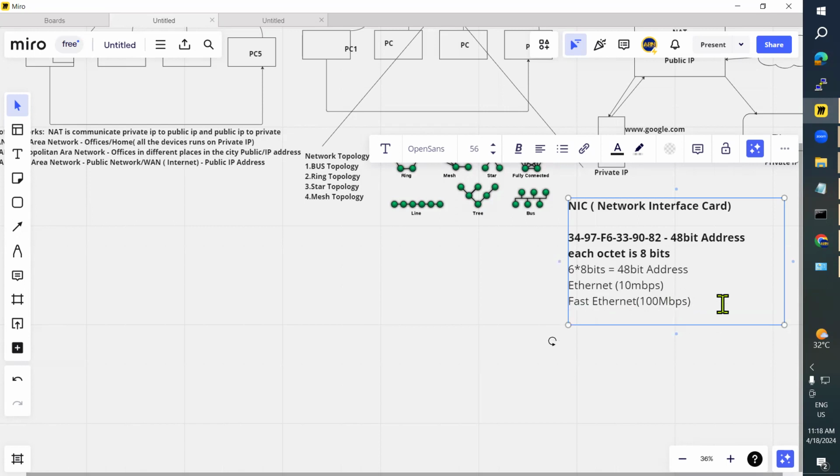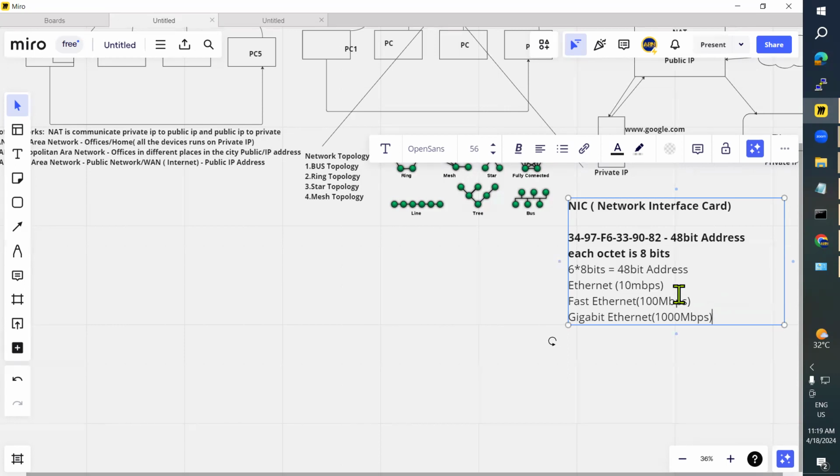Okay, and gigabit Ethernet is 1000 Mbps. These are the different speeds.